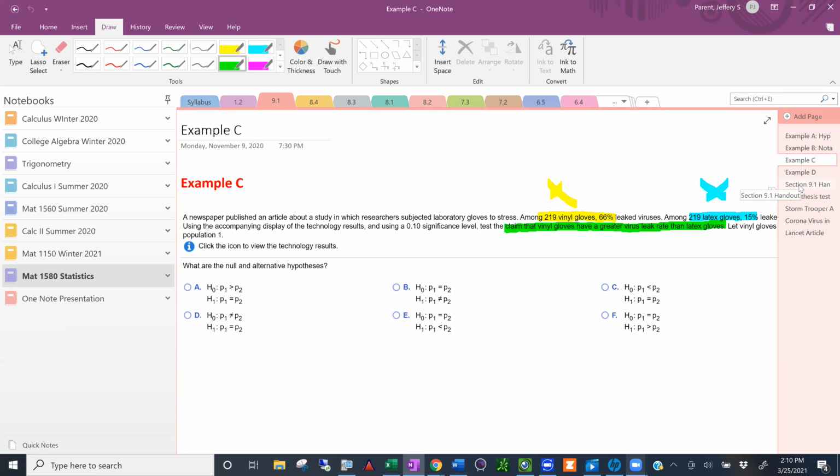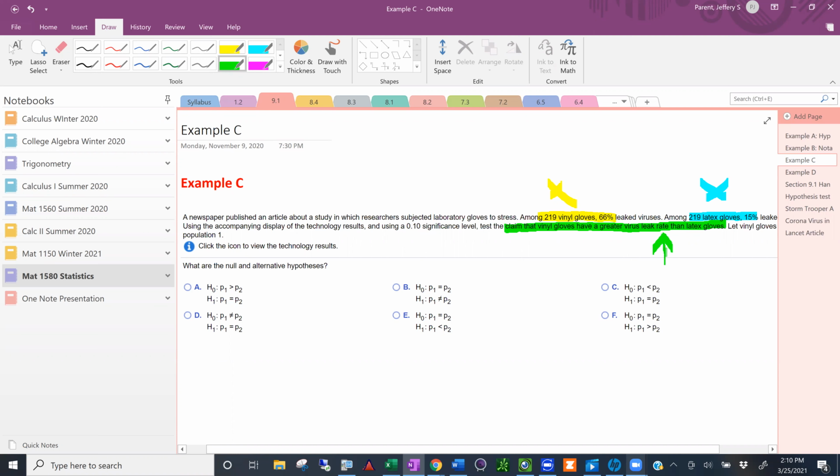Among 219 vinyl gloves, 66% leaked viruses. Among 219 latex gloves, 15% leaked viruses. We don't have the accompanying data display to actually finish this one up. That's okay. We're still going to make a test at the 10% significance level of the claim that vinyl gloves have a greater virus leak rate than latex gloves.